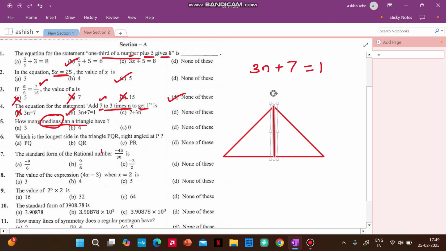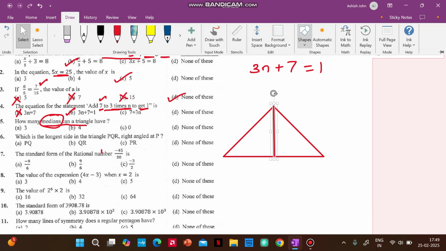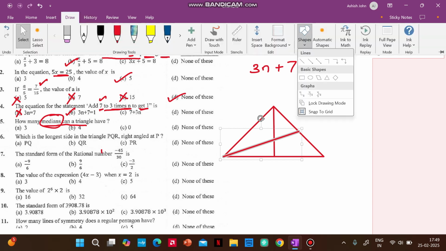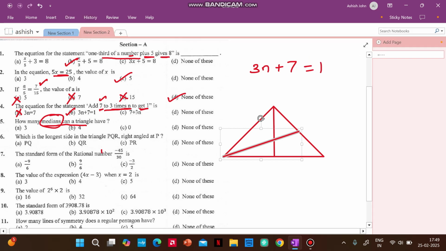In this way we can have one median. Similarly, from another vertex we can have another median which connects the midpoint of its opposite side. Similarly, from the last vertex, we can connect the midpoint of its opposite side. So total how many medians can we have in a triangle? There are 3 medians in a triangle.